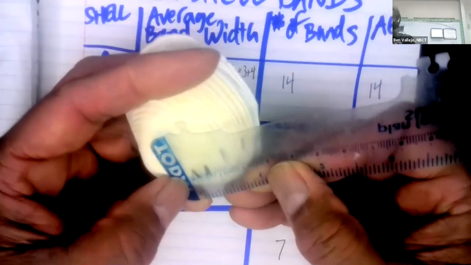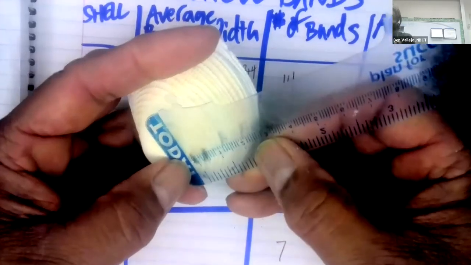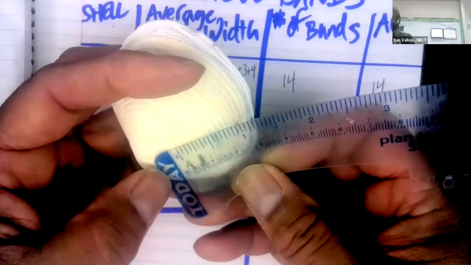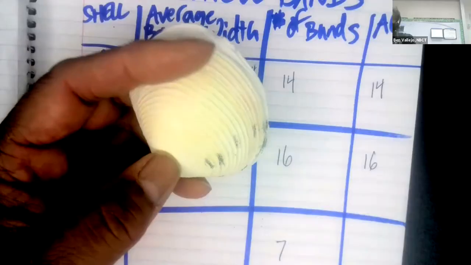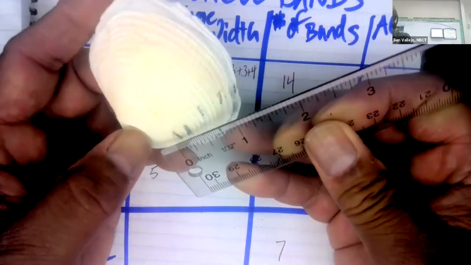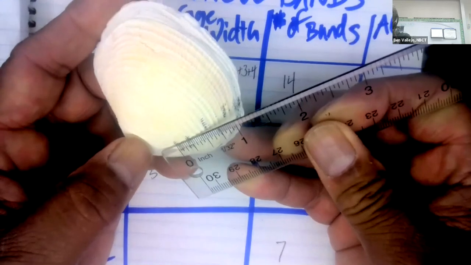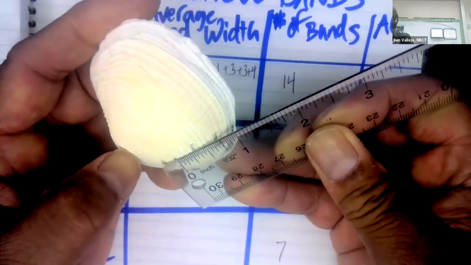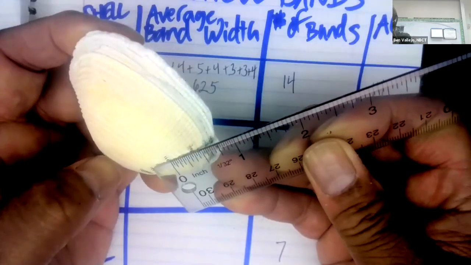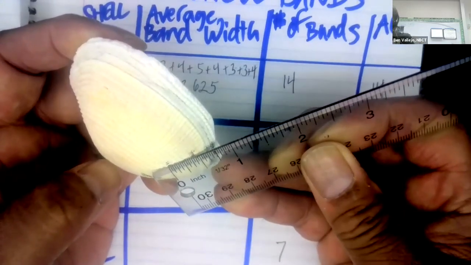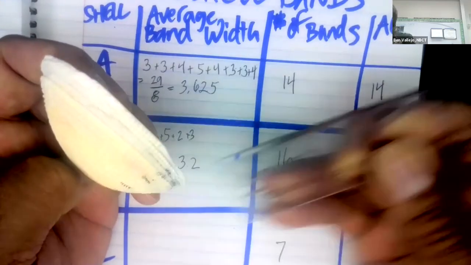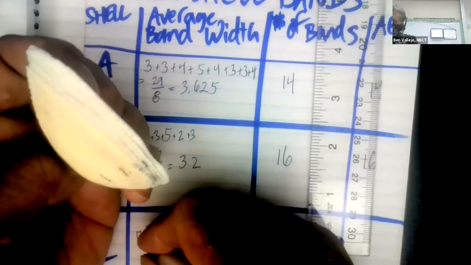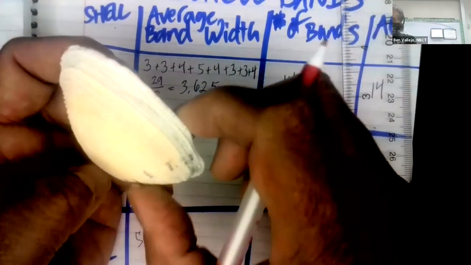Let's see, we have so we can see the numbers. Well, let's use the other one. It's hard to see. Okay, definitely bigger. 5, 7, 8, 4. 1, 2, 3, 4.